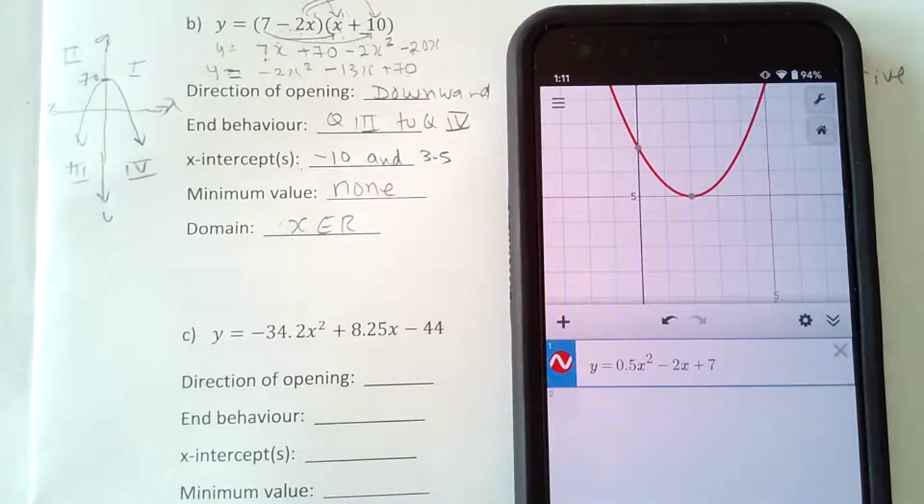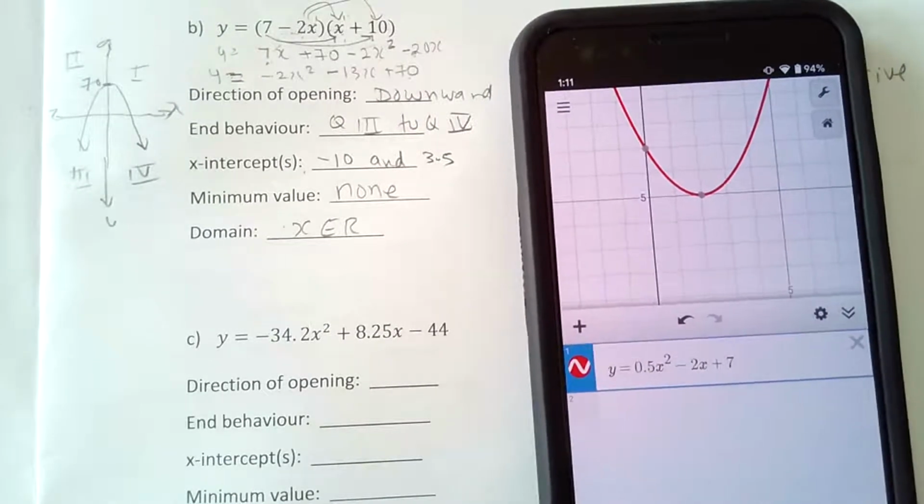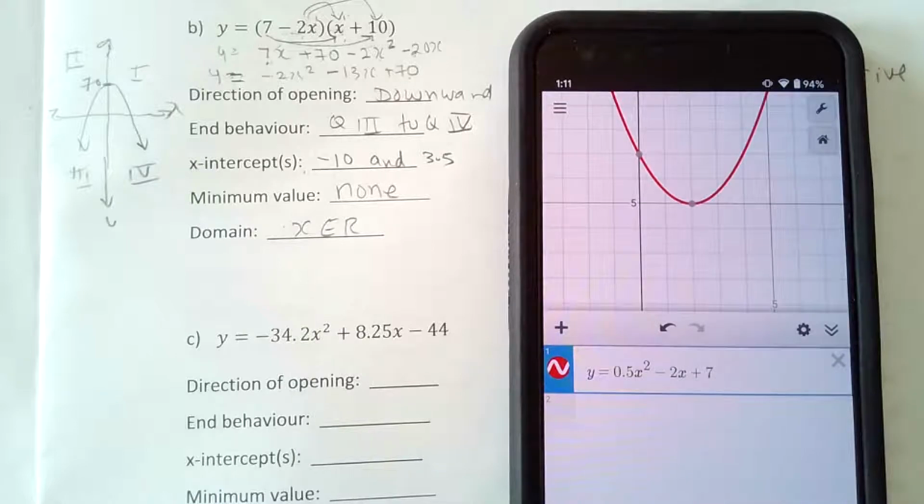So I'm going to clear this equation here.